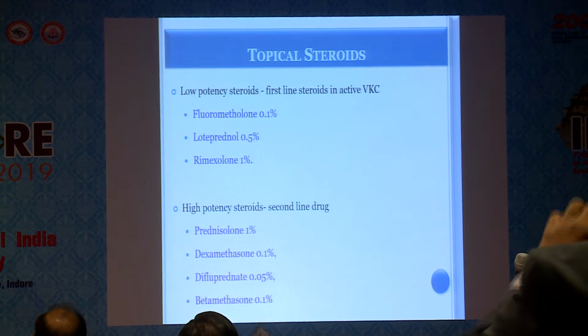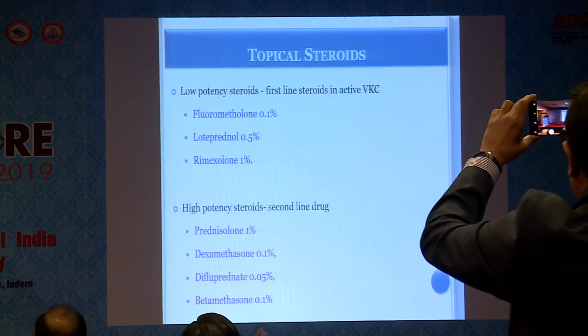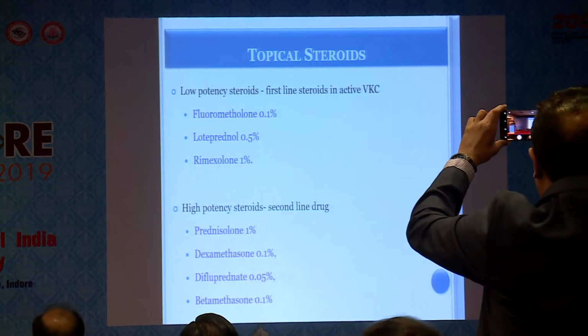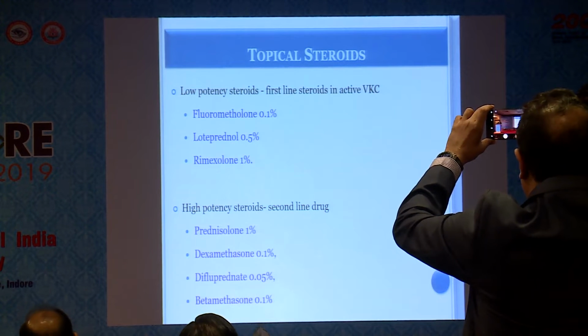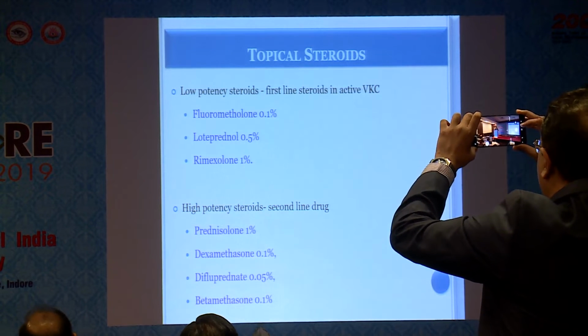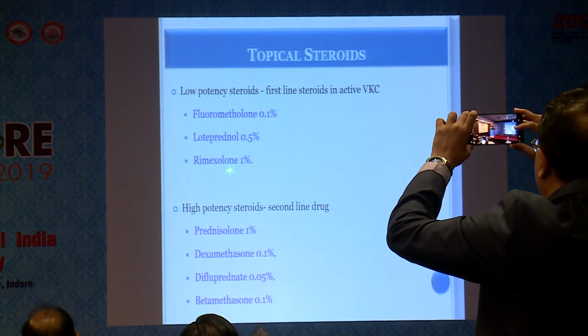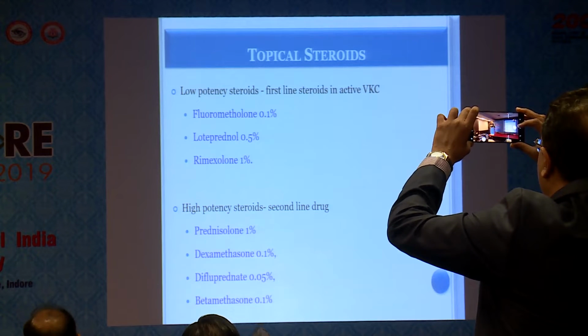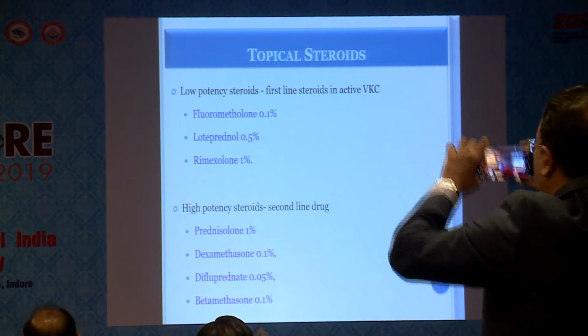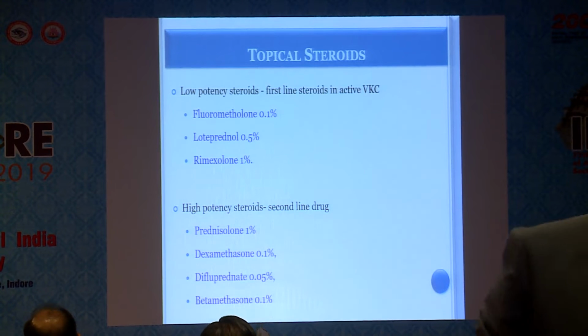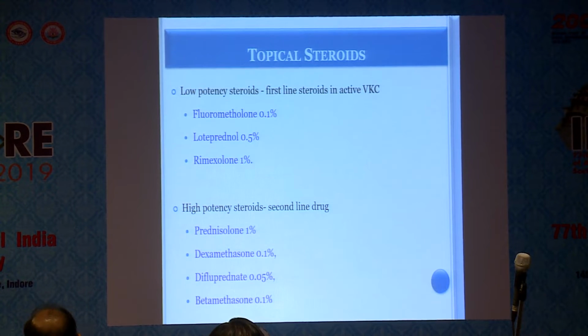If it's very severe, in that case, high potency steroid can be given for maybe a couple of weeks, and then you can switch over to the low potency steroid, and then continue on a long-term basis. But then you have to taper it off. What is most important here is that tapering of steroid should be done very carefully and very judiciously.